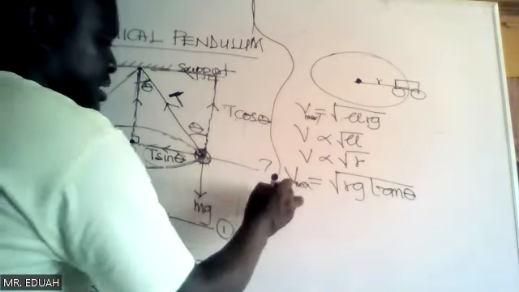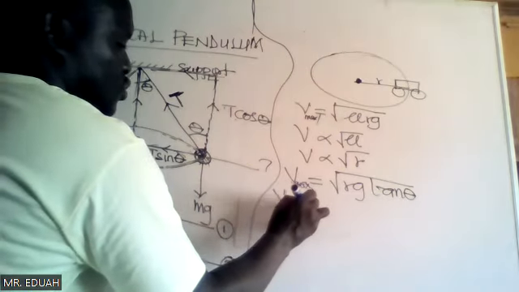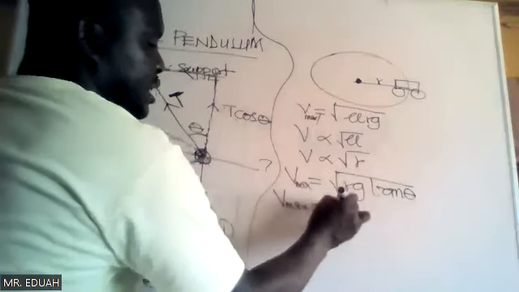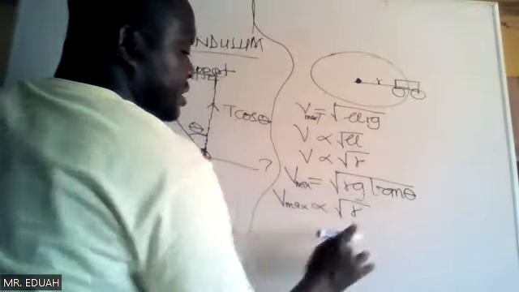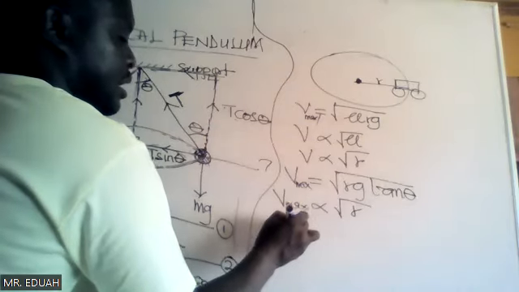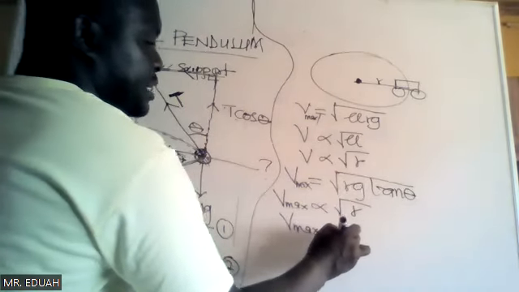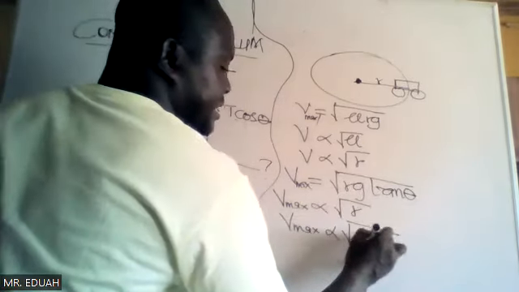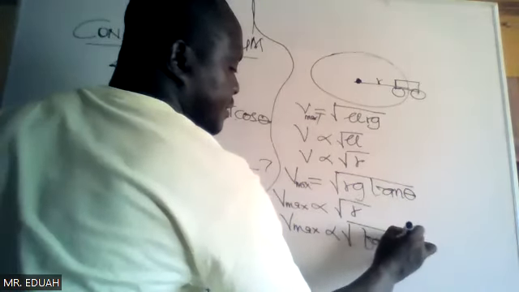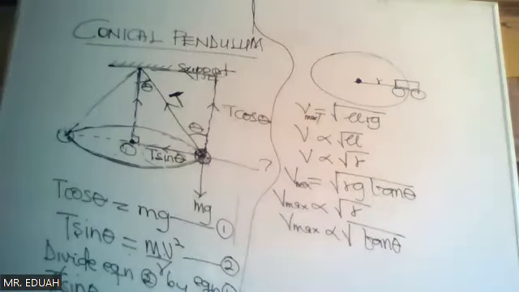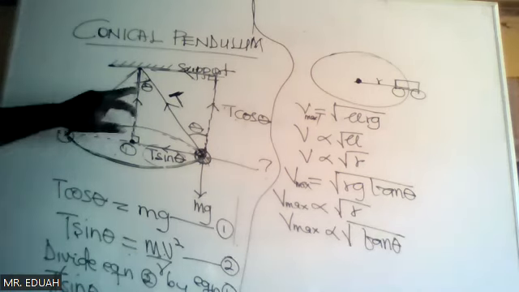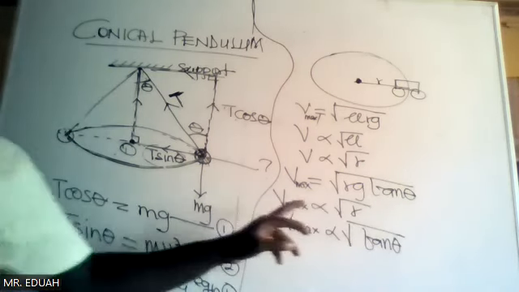And the maximum velocity is directly proportional to the square root of the radius, and also directly proportional to the square root of the tangent of the angle of inclination theta.